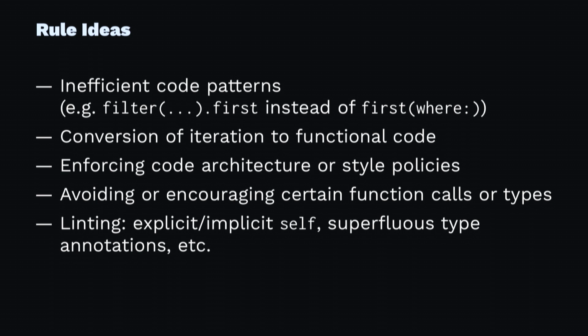For example, if you're filtering a collection and then calling first on it, you might want to use first where so that you don't have to iterate through the entire collection the minute you find something. You could use these concepts to identify code that looks like it could be converted to a map or a flat map or a reduce, and use these more functional concepts, whether just for code style or, again, for optimizations.